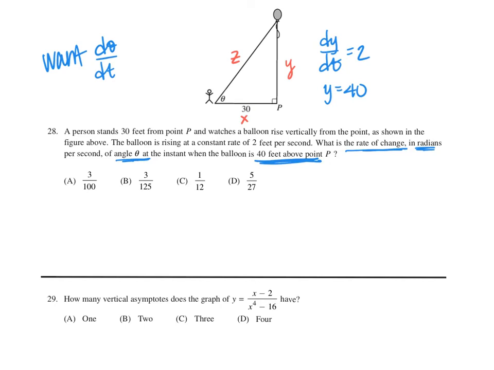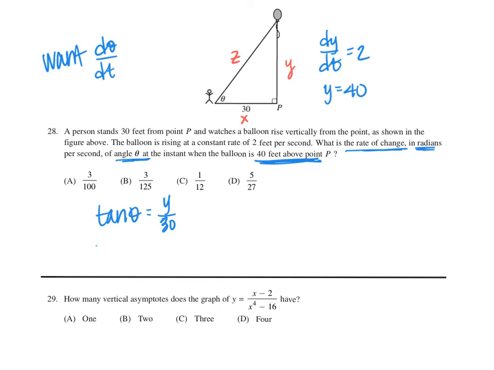This is adjacent. So I'm going to say the tangent of angle theta equals the opposite, which is y, over 30. Because this 30 is not changing, I'm okay with putting it in. I cannot put in 40 for my y yet because 40 is not a constant. This balloon keeps rising and the person's probably crying that they lost the balloon. Okay, if I need d theta/dt, that means that I need to take a derivative.